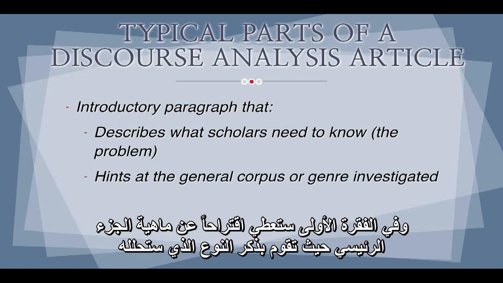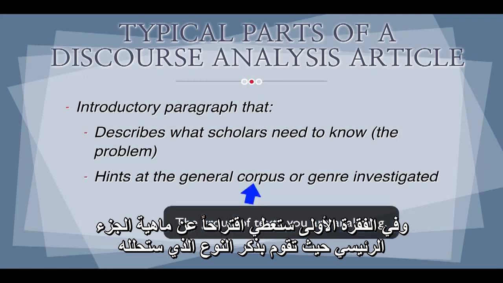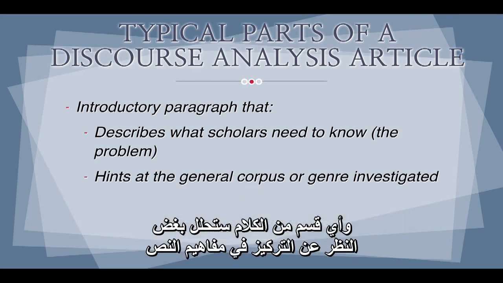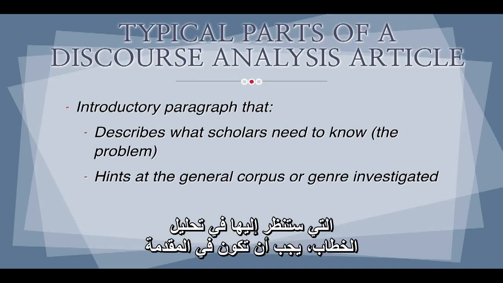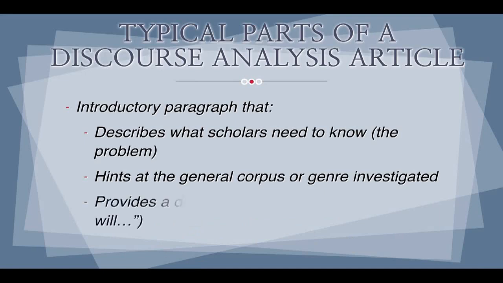You'd also want to, in the very first paragraph, somehow give a suggestion about what the general corpus is that you're going to be using, what the genre is that you're going to investigate, any kind of speech act that you're going to investigate, whatever the focus in terms of texts that you're going to look at in a discourse analysis should be right up front.